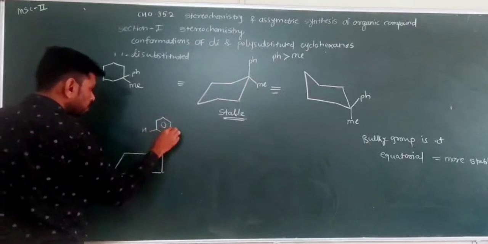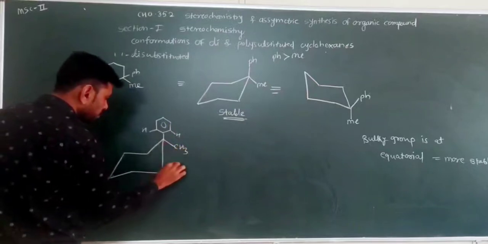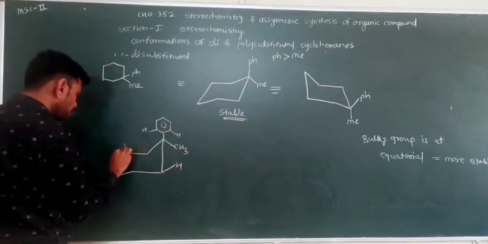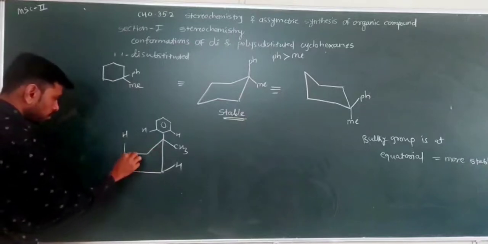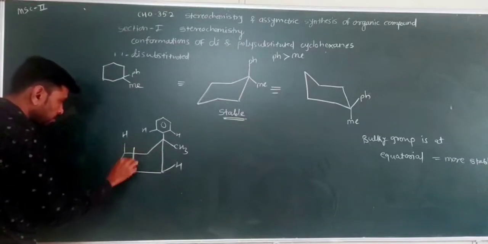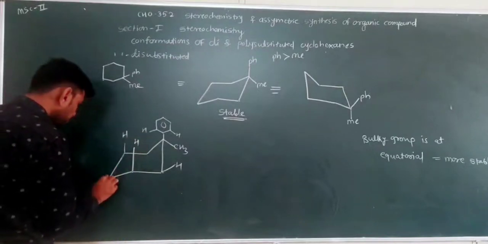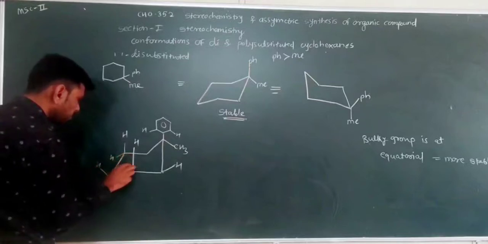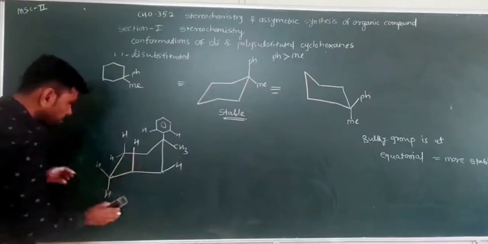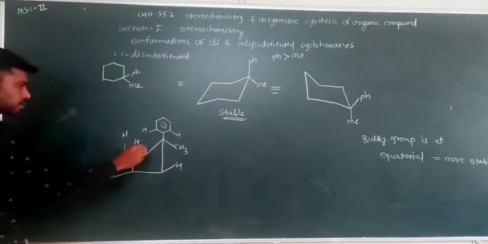So two hydrogens are there, for this phenyl group and this CH3 group: an axial hydrogen here and another axial hydrogen here. I am writing only those hydrogens which have interactions with it.